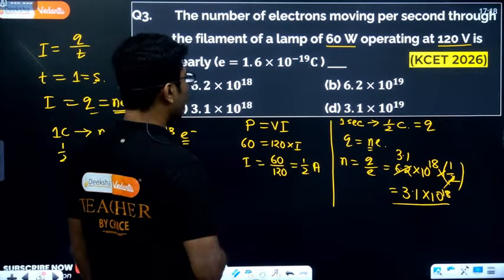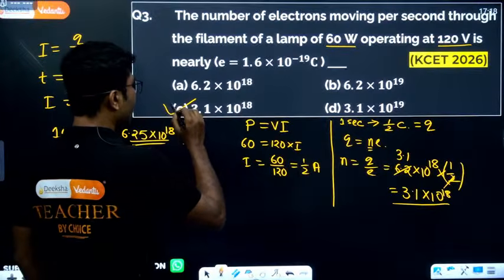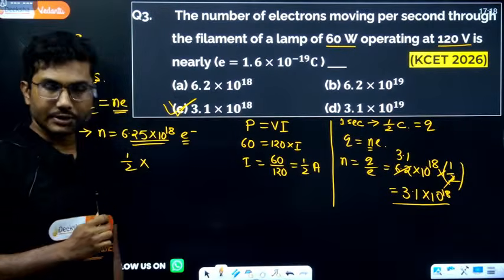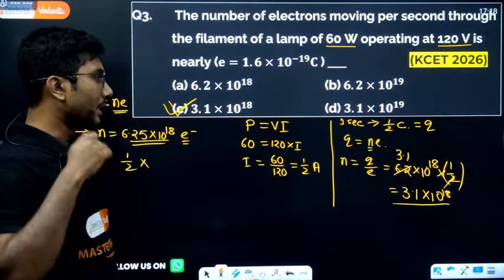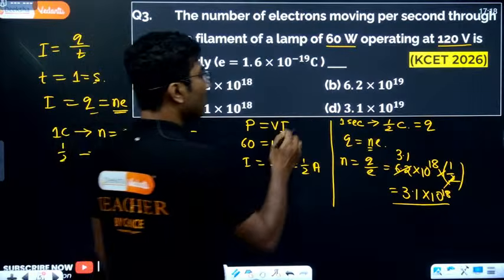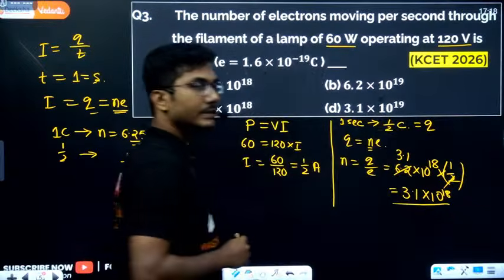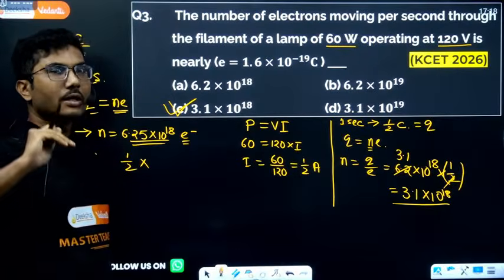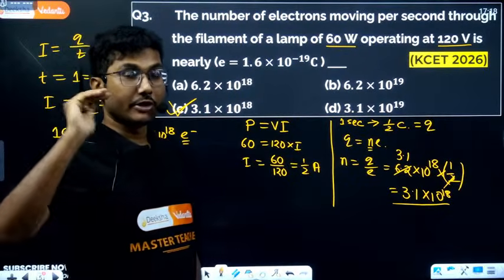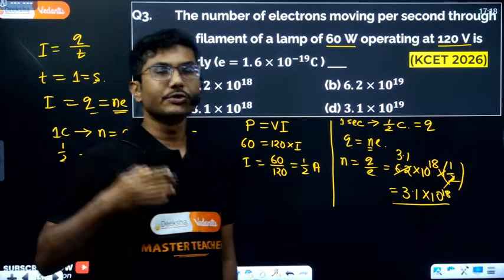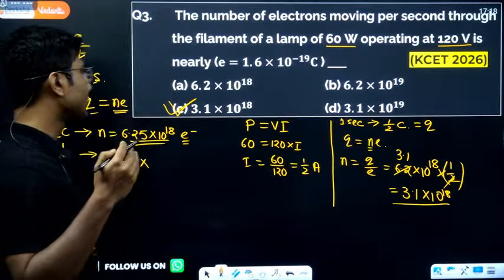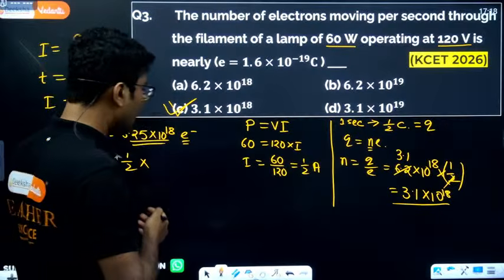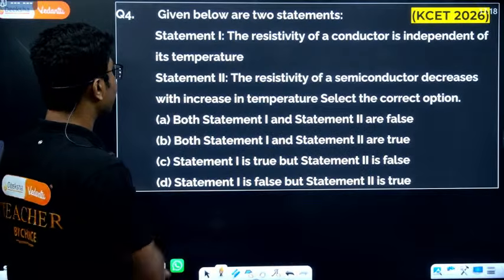So it will be 3.1 into 10 to the power 18. So option C is correct answer for this case. If you are using the Q by E formula, you might stumble upon this and you might think this is the correct answer, which is wrong. So make sure for different horses for courses, for different types of questions, you have to use different types of methods as well. Right, now let's move on with the next question.